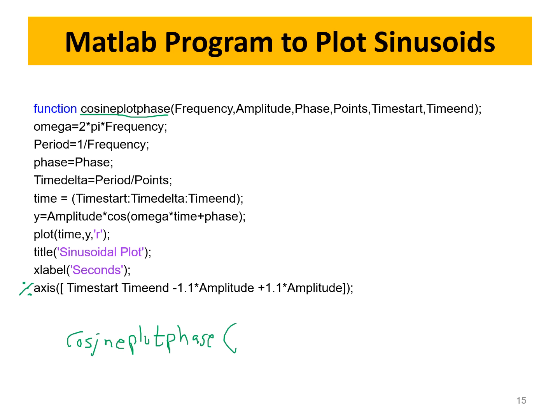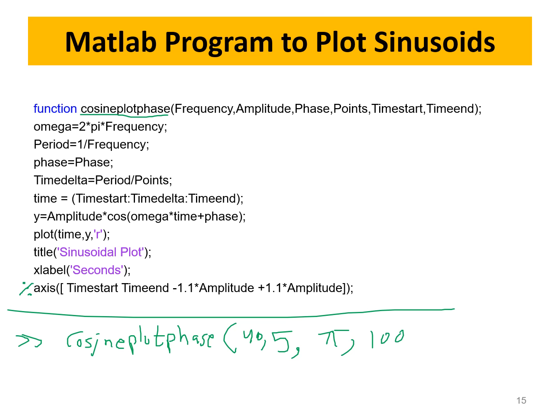And then you add the values on your command line. Let's say 40 hertz, an amplitude of 5, and the phase of pi. That's the phase shift. You have, let's say, 100 points, and then you start time from 0 and end at 2. You call this, and you will end up with a figure showing you the sinusoid.